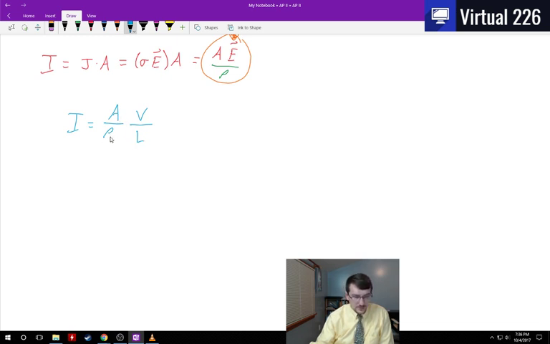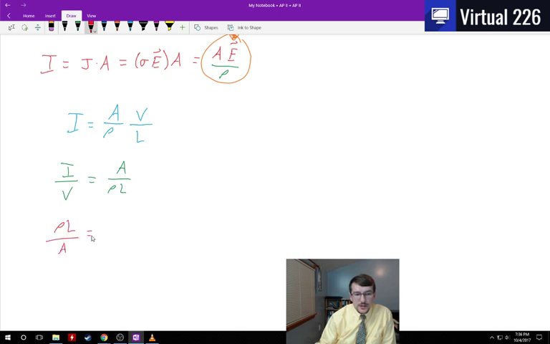There's rho, okay? Now, if I divide V out, I over V equals A over rho L. But if I simply flip all of this, or do a sweet cross multiplication, I'll see that rho L over A equals V over I.